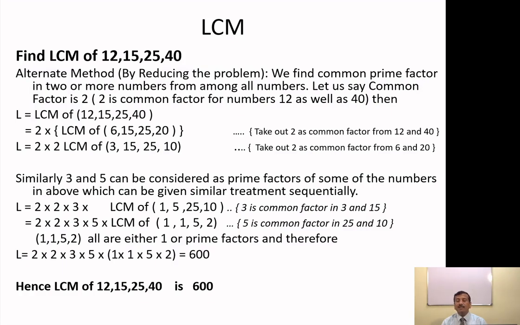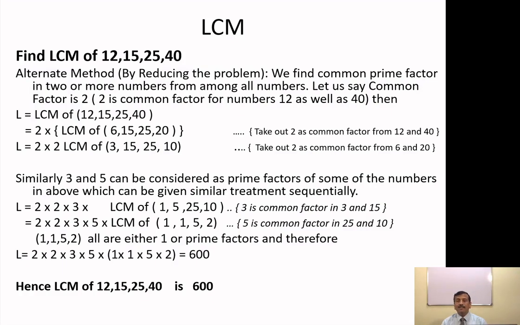So we get L is equal to 2 into 2 into 3 into LCM of 1, 5, 25 and 10. Then we can take 5 as a common factor from 5, 25 and 10. We take it out. 1 will remain as it is. 5 will become 1, 25 will become 5 and 10 will become 2.